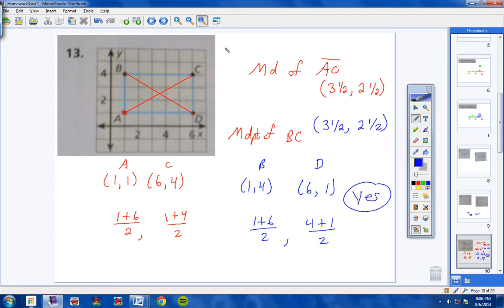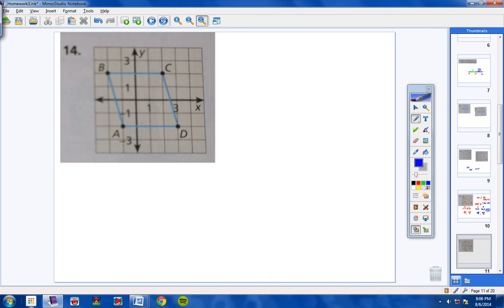Let's try another one, number 14. Okay, here we go. We're going to use the color blue here, and we are going to just spill water on my Mimeo pad, so hold on one second here. All right, here we go. Let's go ahead and draw this segment here, AC, and we'll use red for that. And so we're going to find the midpoint of AC. Now point A looks like (-1, -3). And point C looks like we're over 2 and up 2, so (2, 2).